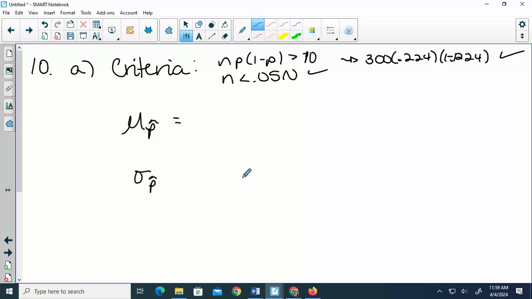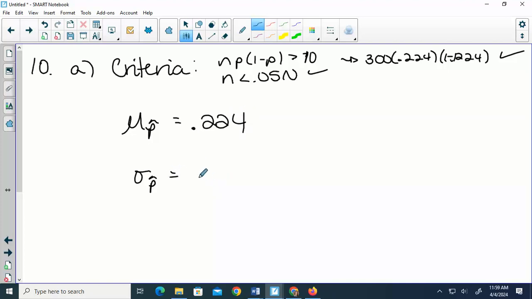Yes. Right, the mean. If you're not sure, look on your formula sheet. Everything is here. If we're talking about p-hat, it's under chapter 8, the right-hand side. The mean of p-hat is just p, our beginning proportion, 0.224, the one given in the problem.